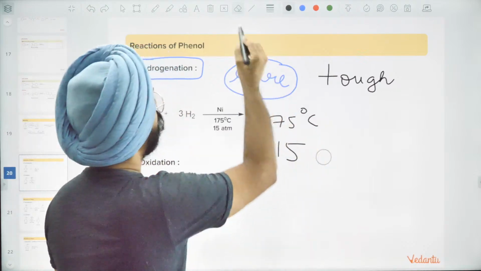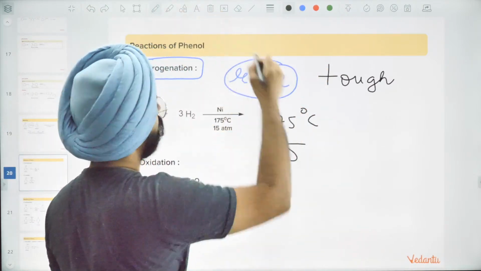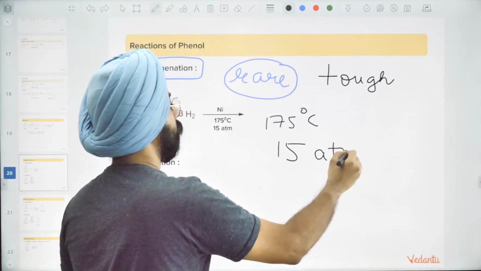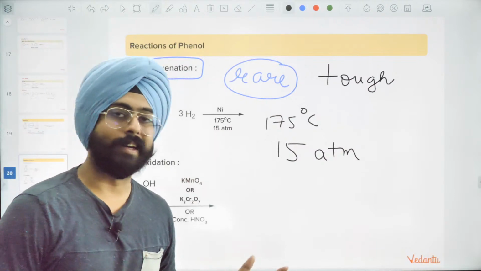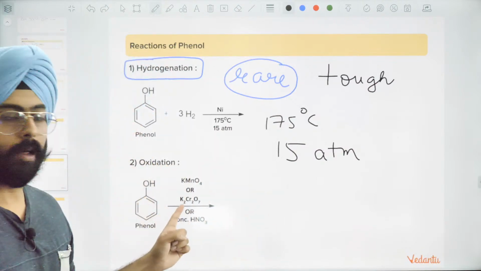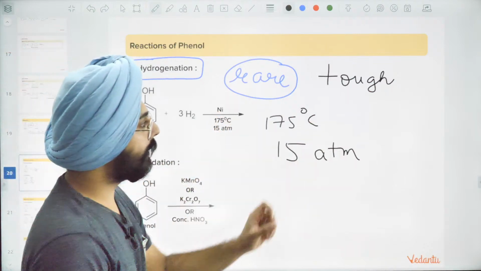ठीक है, आपको 15 एटमॉस्फेयर प्रेशर डालना पड़ेगा in order to reduce the phenol using hydrogenation, H2 in nickel. So what will get formed at the end?